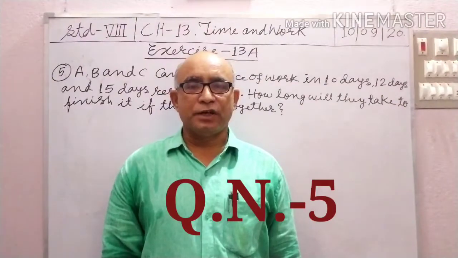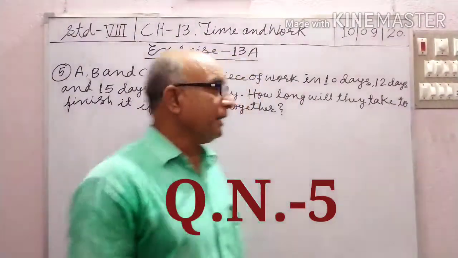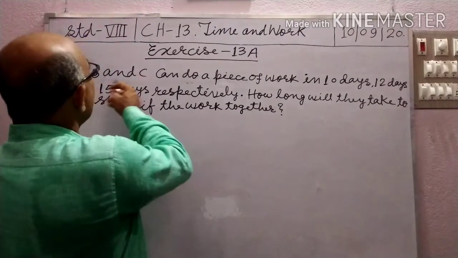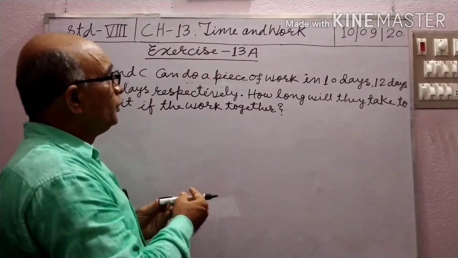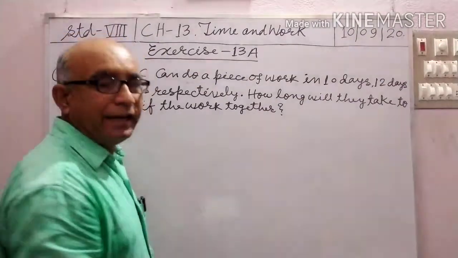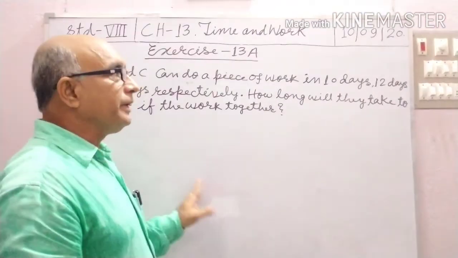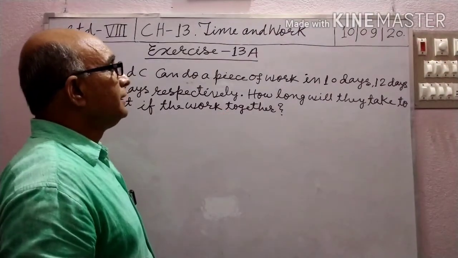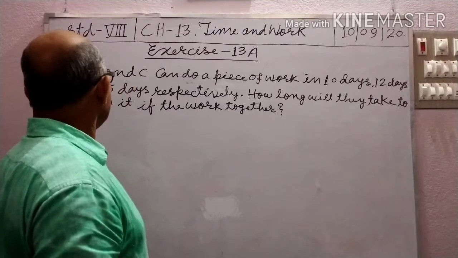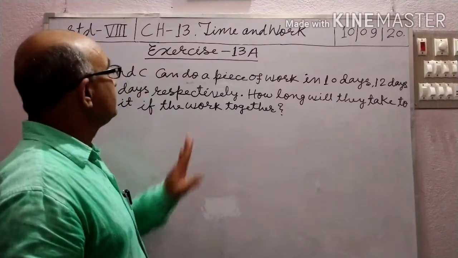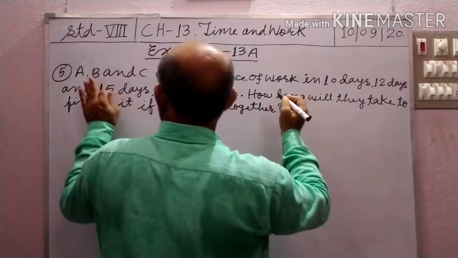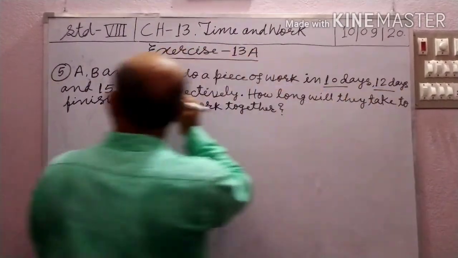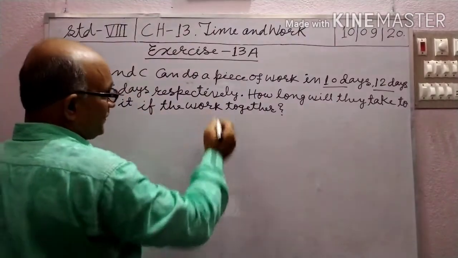Students, next question is question number 5. A, B and C can do a piece of work in 10 days, 12 days and 15 days respectively.